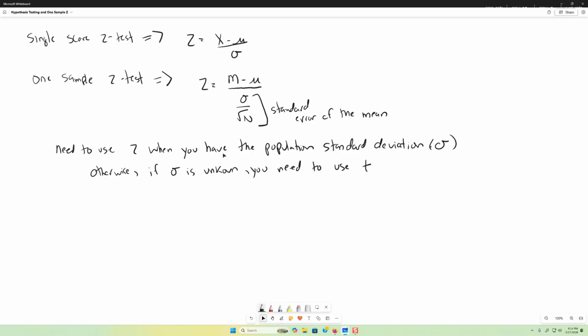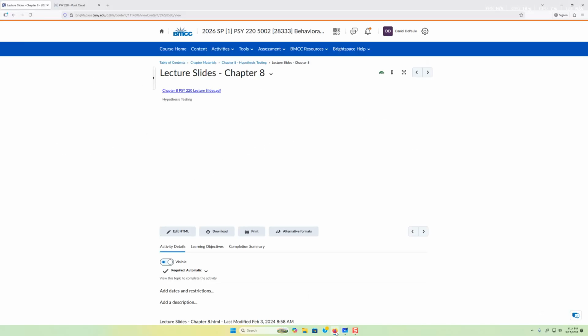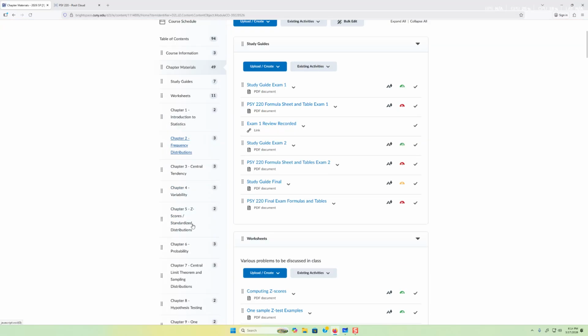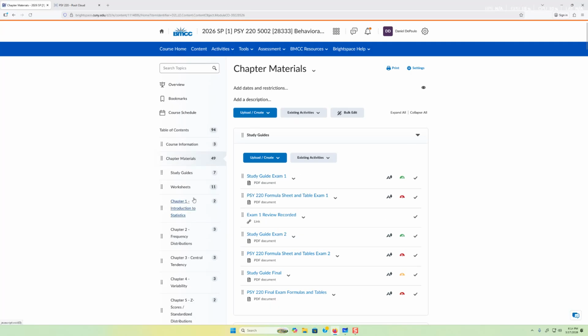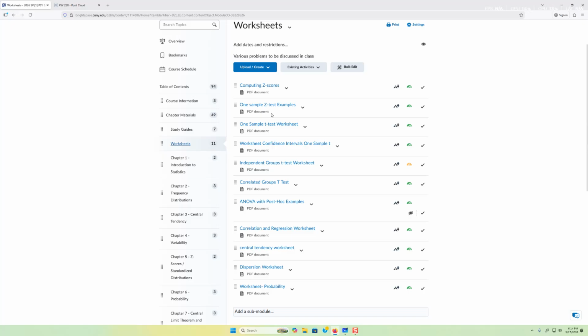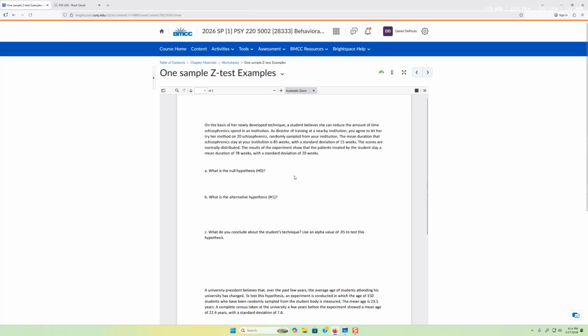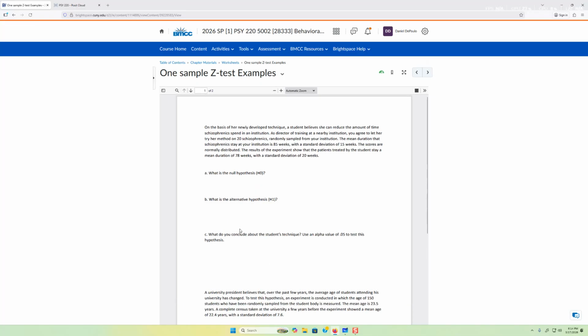So now I'm going to open up the problem bank that I have under chapter materials. And we're going to go into worksheets. I'm going to look at one sample z examples here. Let's take a look at this. So we're using 0.05 to test this hypothesis.